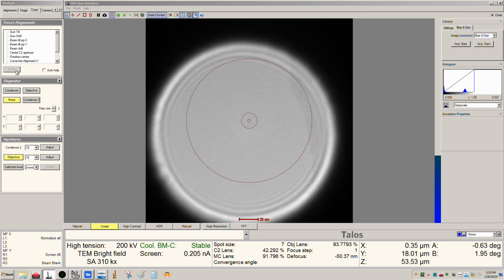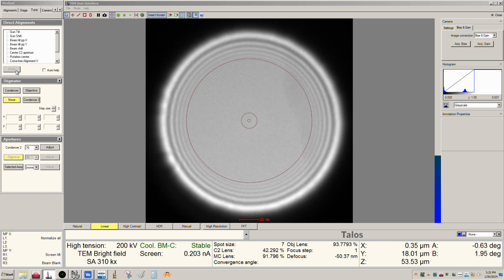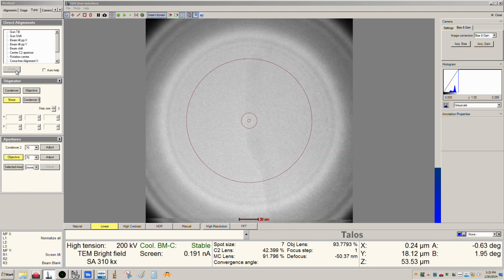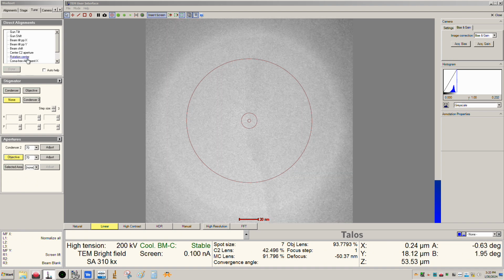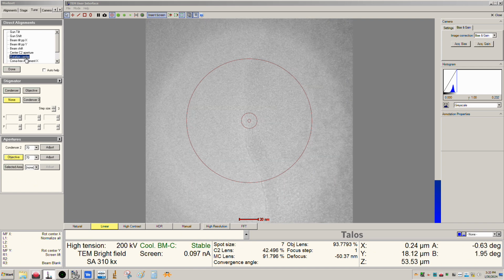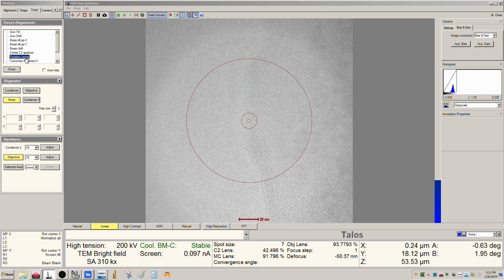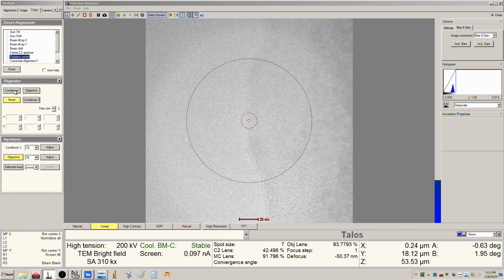And then my rotation center should still be okay. Now the FluCam is going to have a harder time with this though, because we've got less current. But you can see it's still going straight in and out. We're still pretty good here, okay?